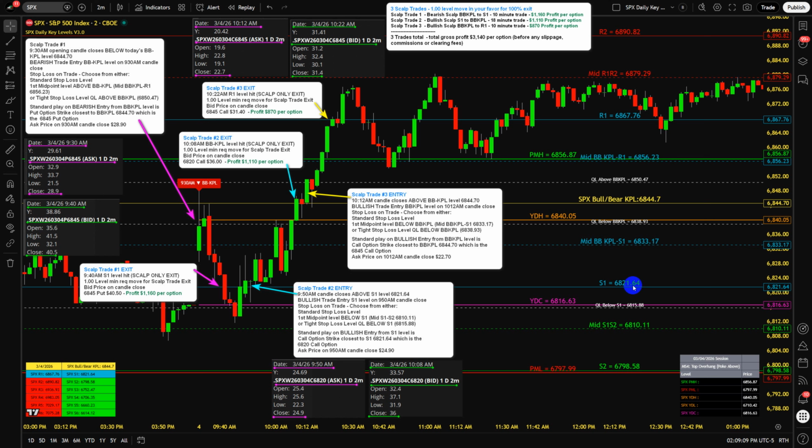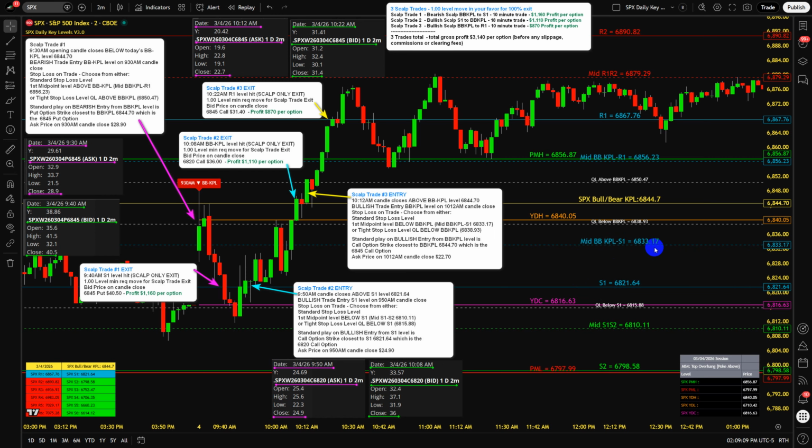Now, just to briefly, as I said, show you the other two options that you would have on any particular trade, there would be two out of the money options. So in this case, since this is a bullish trade, if you prefer to use an out of the money option on this bullish trade from the S1 level, your first out of the money option would be looking to the first midpoint above the level you're taking the trade from.